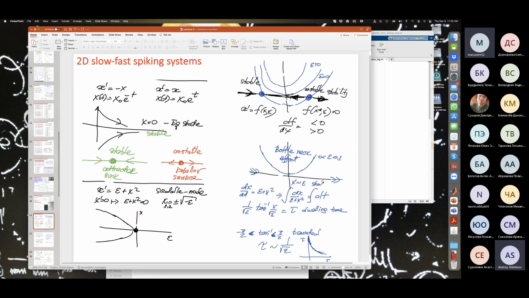I mean, you should solve a boundary value problem. But the bottom line is that on the left-hand side, you're going to get arctan because you have epsilon plus x squared, and then you have a factor 1 over square root of epsilon. Arctan is known to be bounded between negative pi over 2 and pi over 2. So in the limit as epsilon tends to 0, the dwelling time of the bottleneck effect is determined by 1 over square root of epsilon.